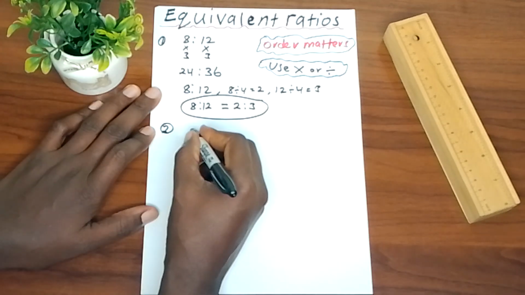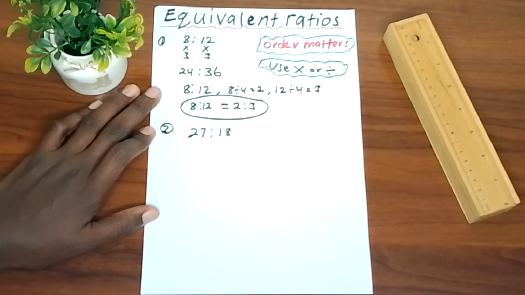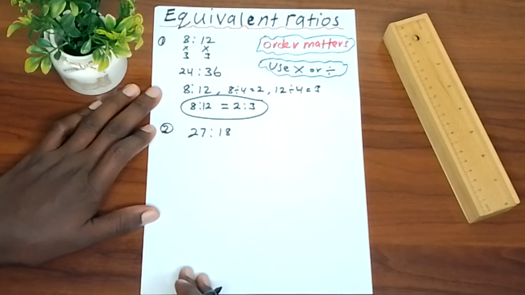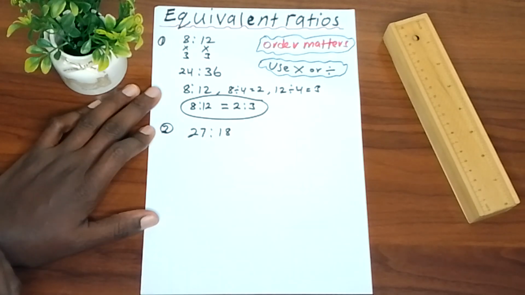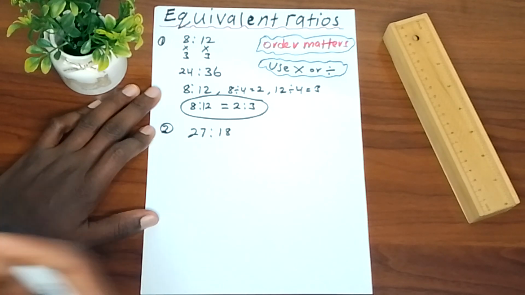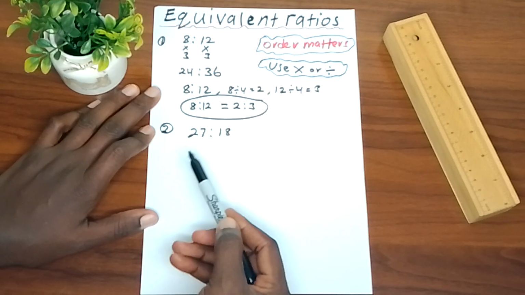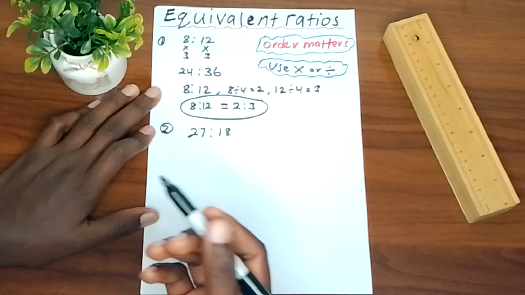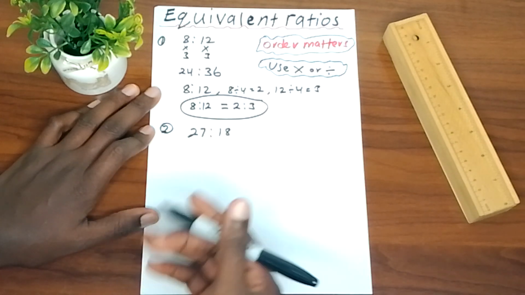We have 27 to 18. Now, we have said we can multiply or divide, but the major thing we are doing here, if we are going to get the equivalent ratios, is to divide to get the simplest form. So we look at 27 and 18 and find the number that we can divide both numbers with.